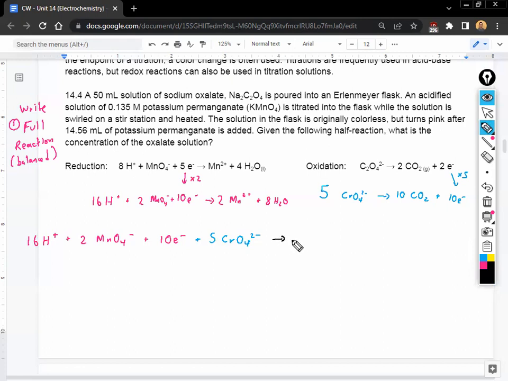Draw an arrow. 2 manganese ions, 8 waters, plus 10 CO2 plus 10 electrons. Holy moly, that's a fat reaction.